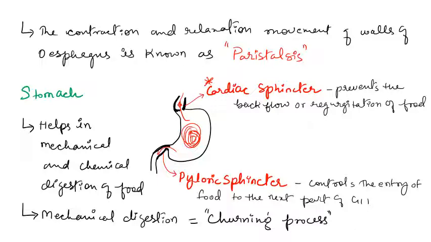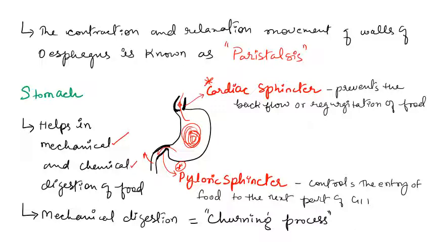In the downside portion, once the food is digested, the semi-digested food will enter into the duodenum. There is another sphincter known as the pyloric sphincter, which will guide the food to enter the duodenum from the stomach. Now the stomach helps in two things: mechanical digestion and chemical digestion.